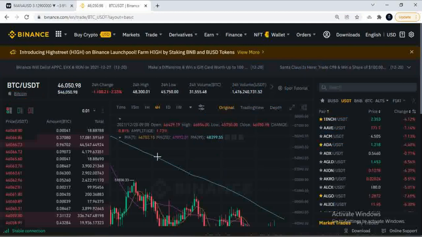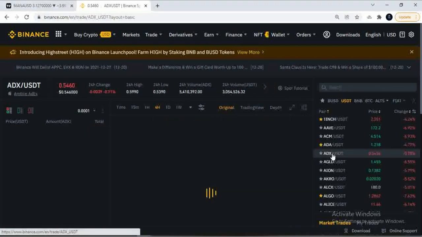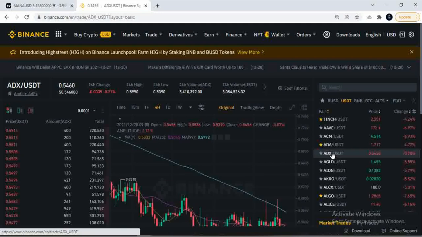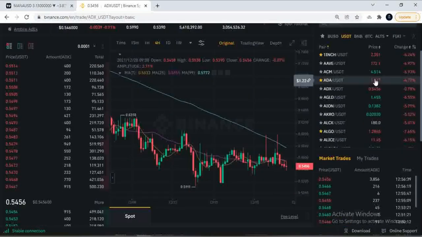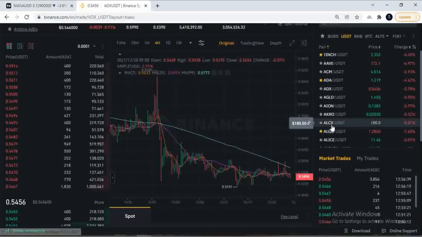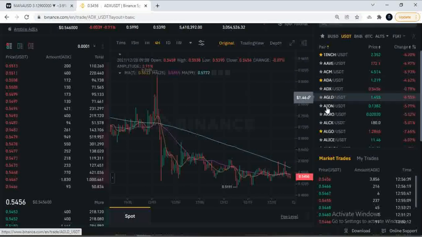Let's clear this off. For you to start your trading journey, you want to look at what currency you want to buy. For example, in this presentation, we're looking to trade ADA. Let's take ADA as an example. So ADA USDT.